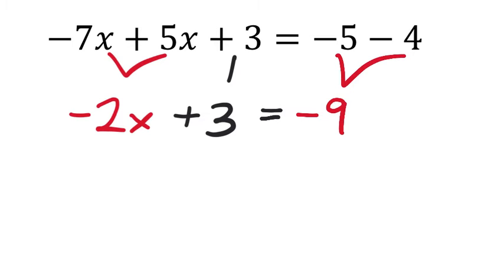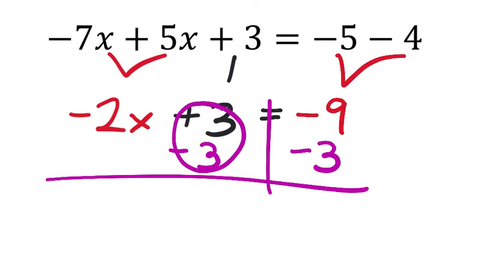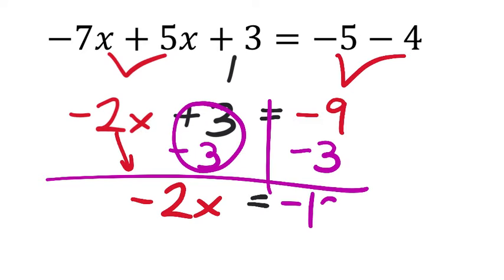And if you want to use keep change, again, it's not going to make a difference. You should still get negative 9. But now I've got to zero out that plus 3, which I will do. I want that plus 3 with my negative 2 x's, so subtract 3, not just from one side, but both sides, to zero that out, which it does. I'll drop my negative 2 x's, which now equal negative 9 minus 3, which is negative 12.